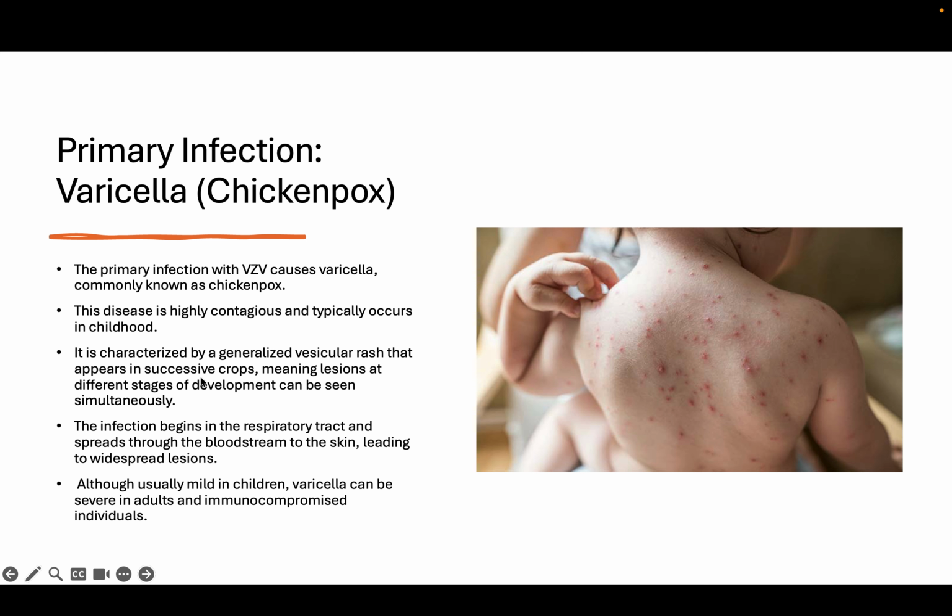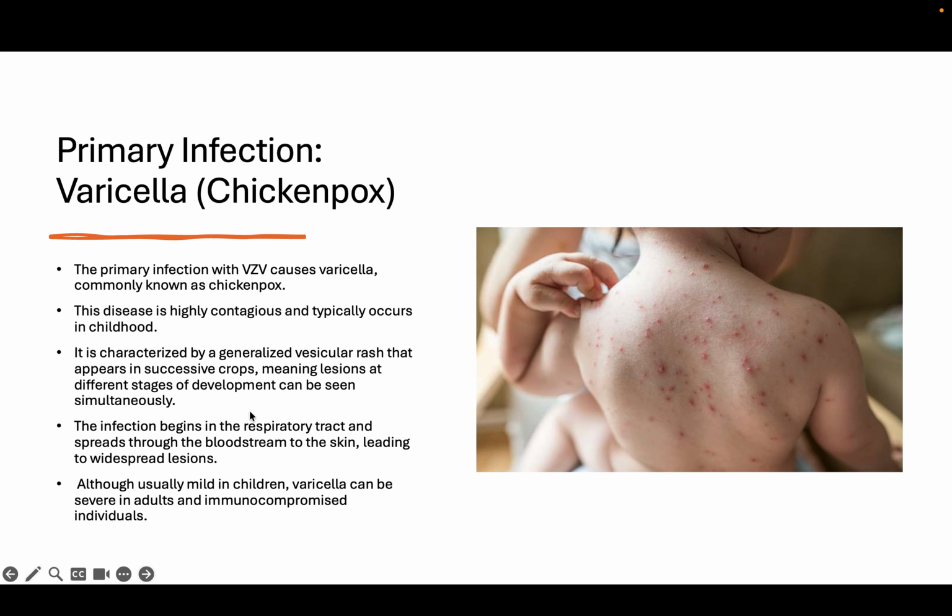You get successive crops, which means these are lesions at different development stages happening at the same time. If you look at this baby, you have these really big vesicles already about to pop, while you have other very small ones still growing. This is what we mean by successive crops. Simultaneously, you have many different vesicles, all at different stages of growing. This is indicative of varicella or chickenpox.